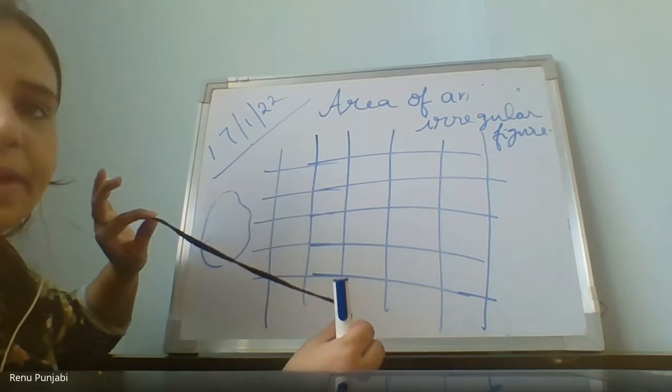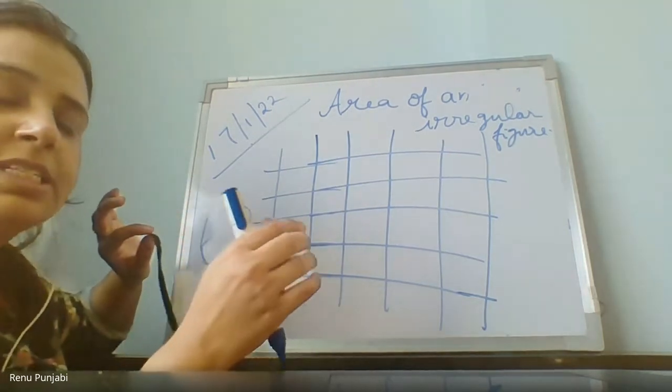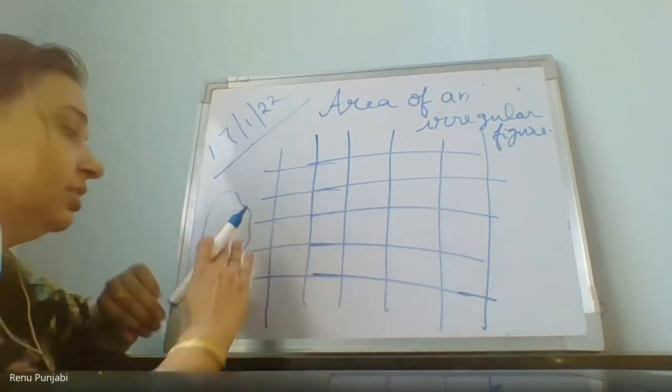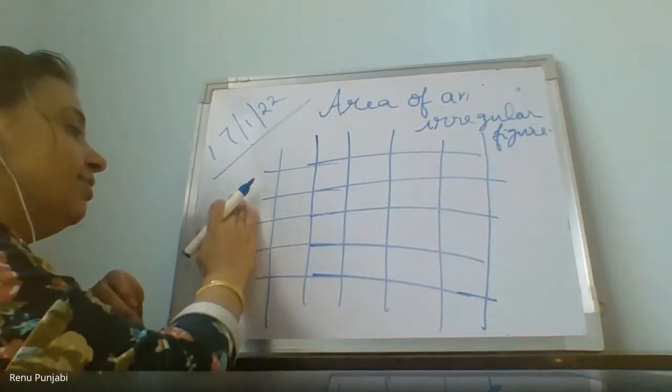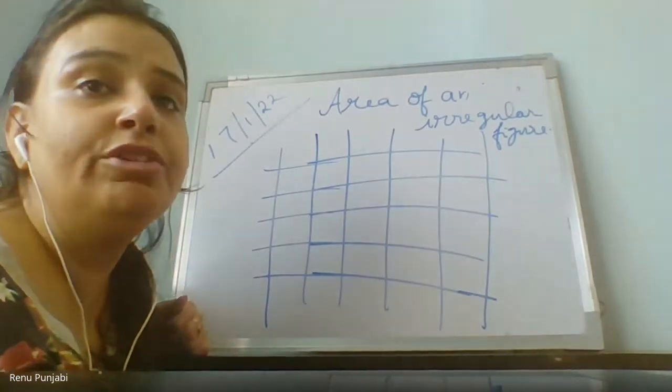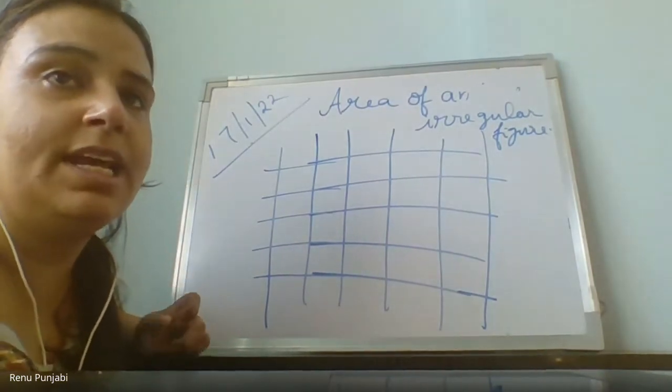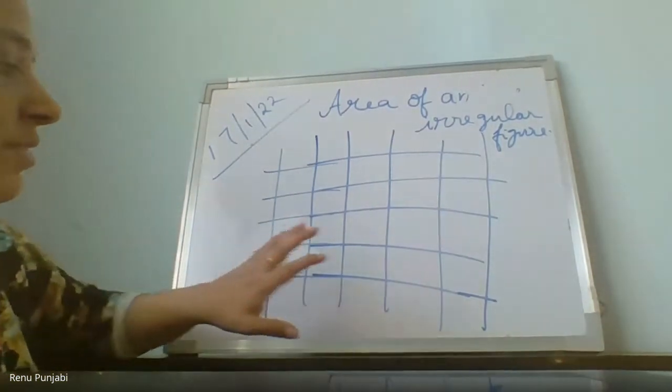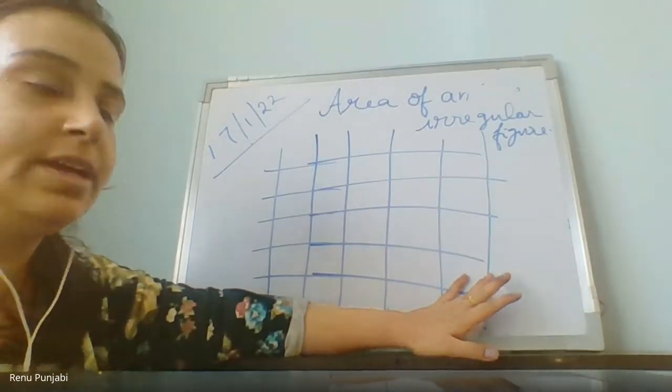But what if the figure is irregular and you need to find the area? Area means the internal space. We will find that with the help of squares.